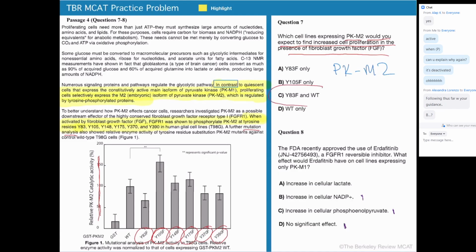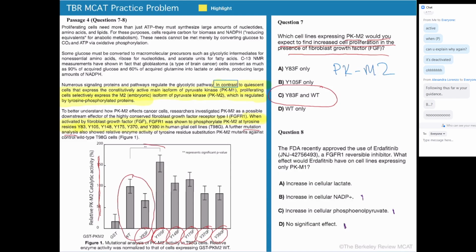The answer is these ones. Right? Because this one turned it on more, right? If we mutated it to keep it always on, like we see here in Y in the tyrosine 105, the only one that's significant, by the way, right? We're turning that on all the way. So we're going from PEP to pyruvate down into oxidative phosphorylation.